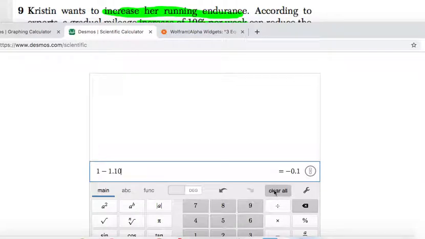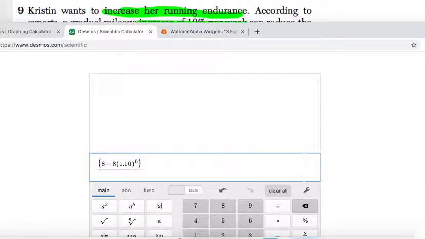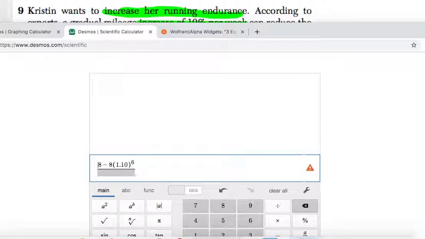The first one was 8 minus 8 times 1.10 to the 6th, all divided by, and I don't need these parentheses anymore. I needed them so I could get the fraction. 1 minus 1.10, it's about 61.725 miles, right?